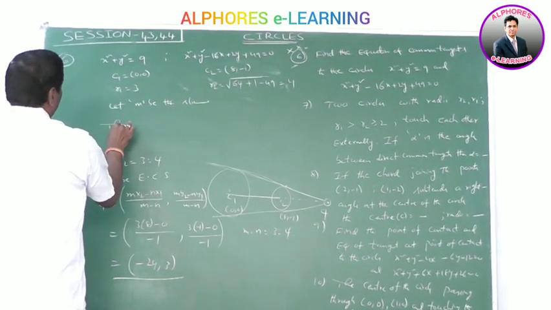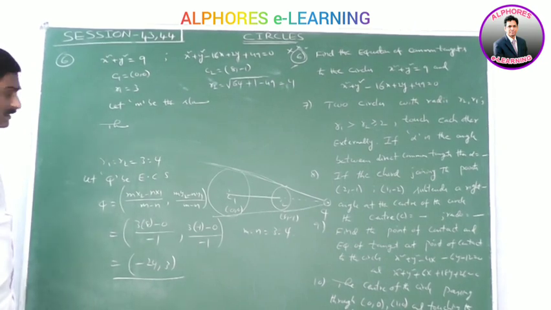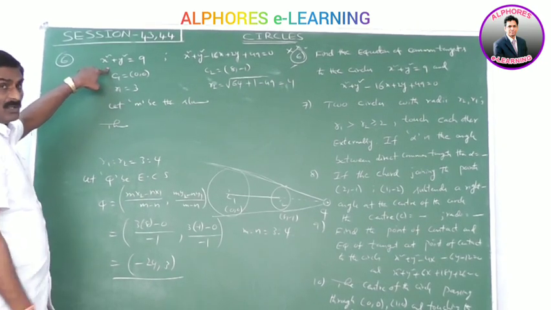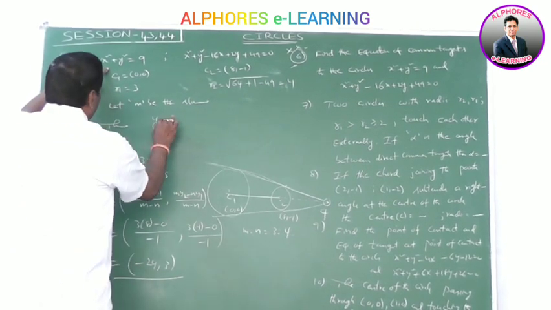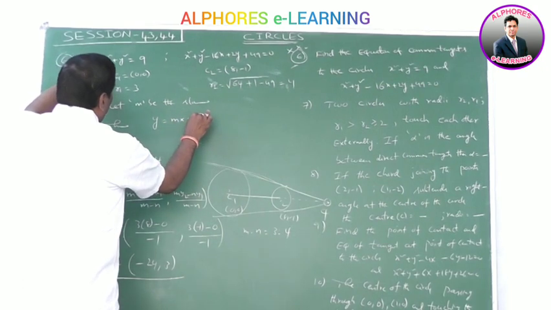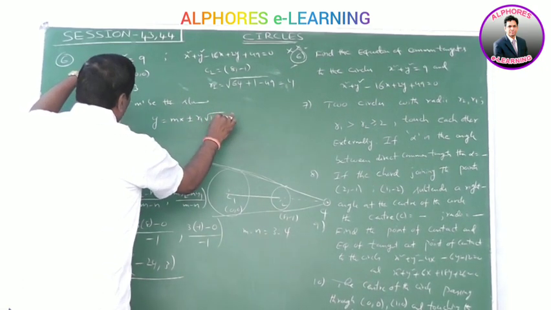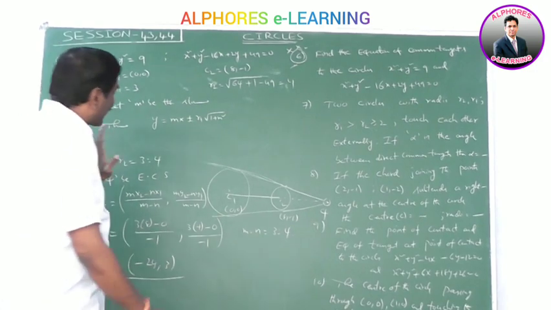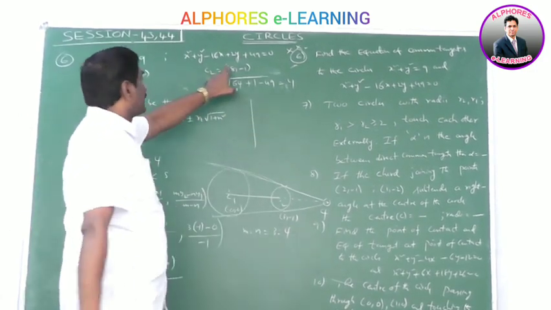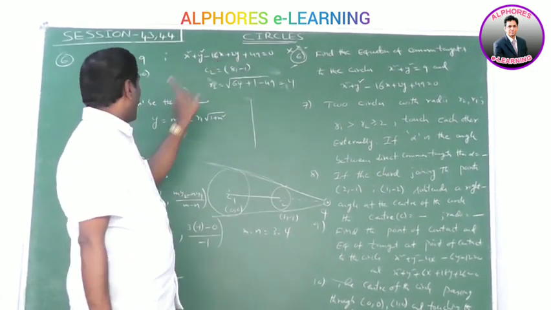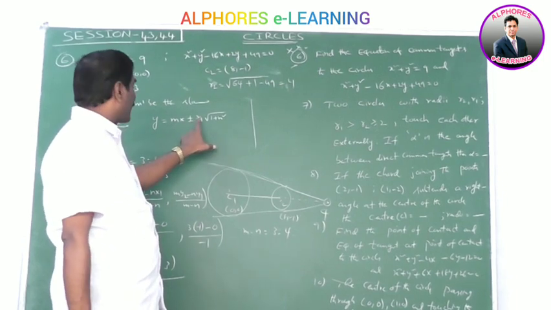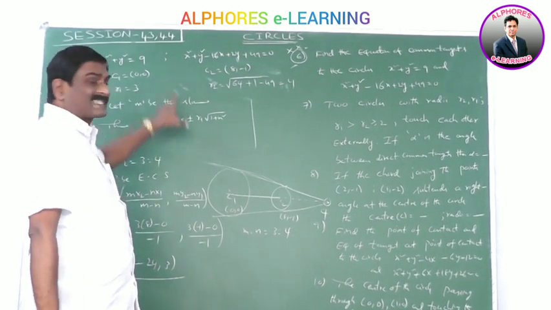Then the equation of the tangent for the first circle, with center (0, 0), is y = mx ± r1√(1 + m²). Suppose we take the tangent for the second circle, here g value 8, f value −1: y + f = m(x + g) ± r2√(1 + m²).